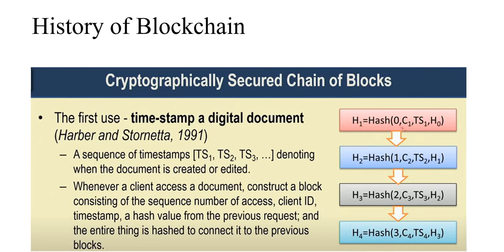Now this value of h1 will be used in the next block. When the next client edits the document, the first value is the sequence number, then the client who has made the change, C2, the second person who has made the edit in the document.